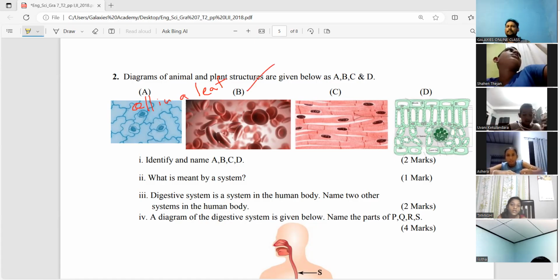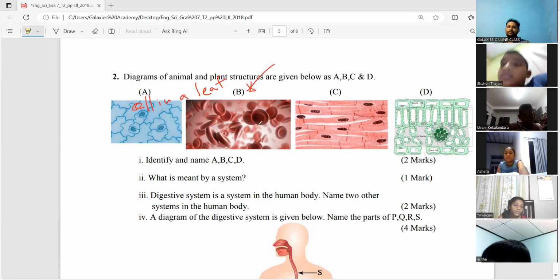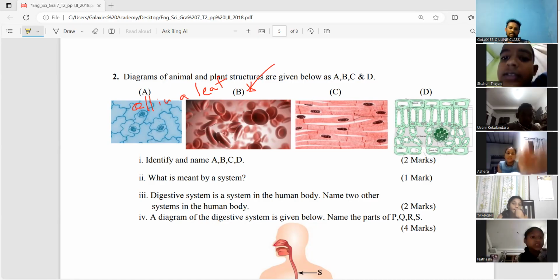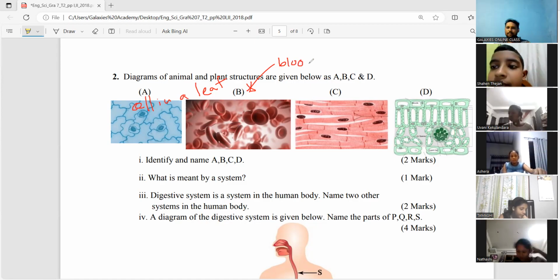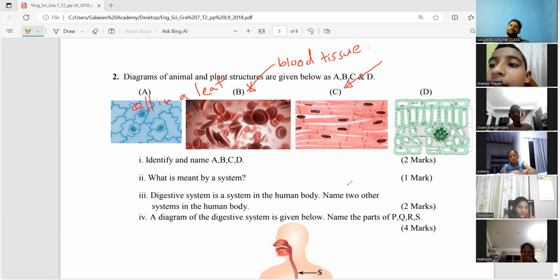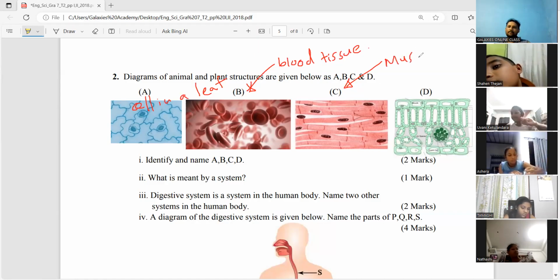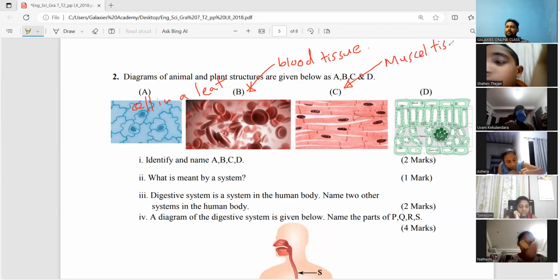Right, what is B? Blood tissue. Yes, blood tissue. Then what is this one? Muscle tissue. Right, muscle tissue.